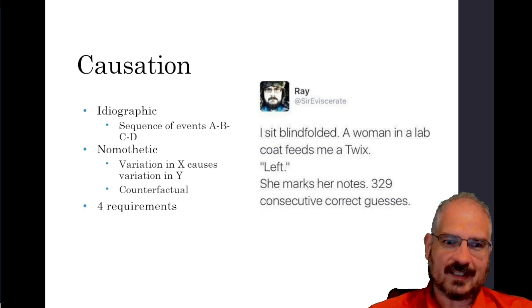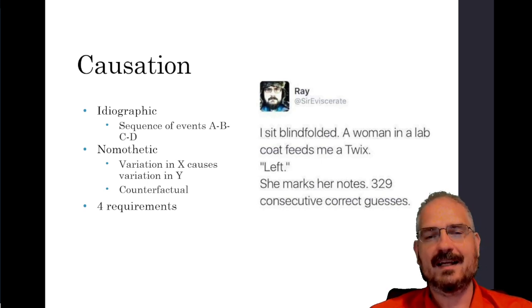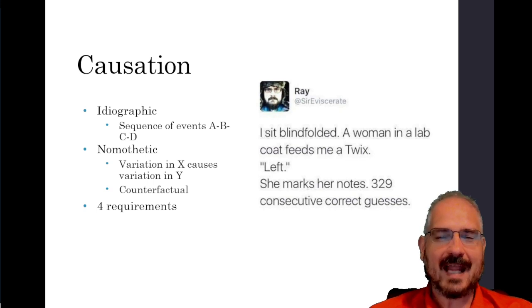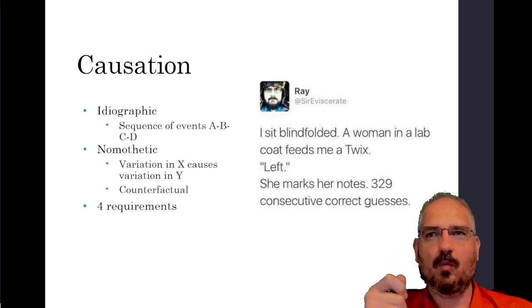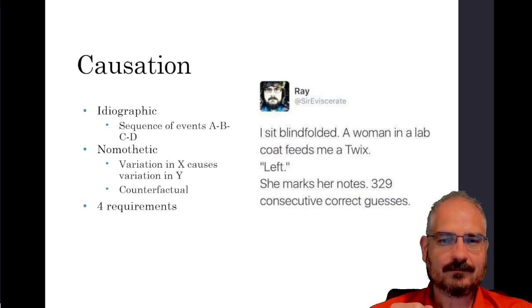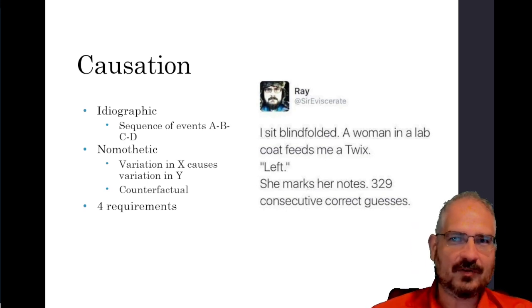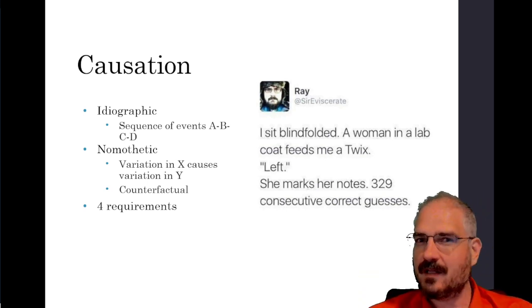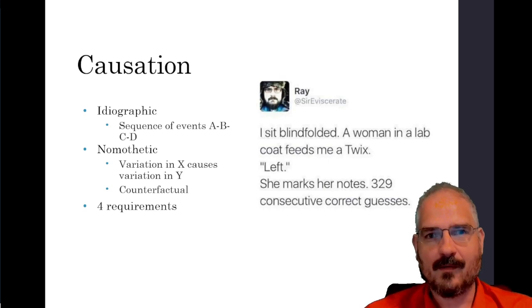The problem with this idea of causality is that it can be difficult to find what's called a counterfactual. And a counterfactual is just a really fancy word for what would have happened otherwise. So if we pass a new law and then crime goes down, does that mean the new law caused crime to go down? Or would it have gone down anyway?